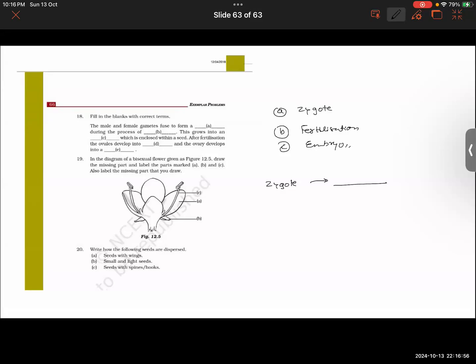Continue further. After fertilization, what does the ovule develop into and what does the ovary develop into?